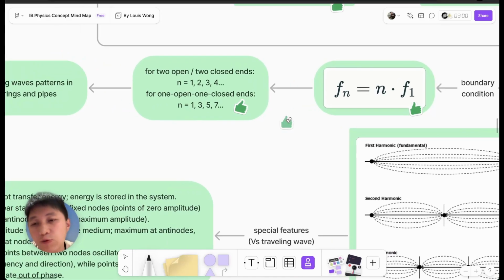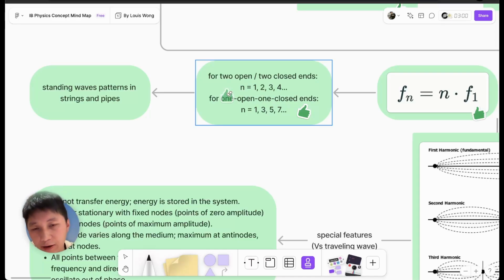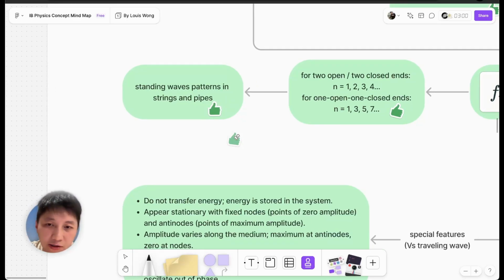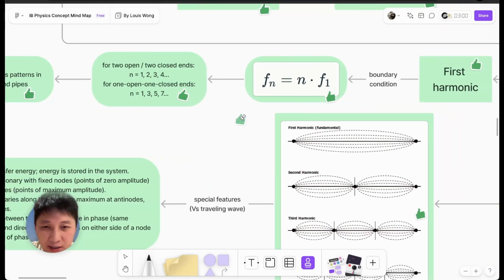But if you try to draw it, you will find that for the one open, one closed case, it's just the odd numbers, while for two open or two closed it will be the whole series, 1, 2, 3, 4, 5. And that should basically describe all sorts of standing wave patterns in strings, like string instruments, and pipes. These are the wordings from the subject guide, and that's why I copied them here.